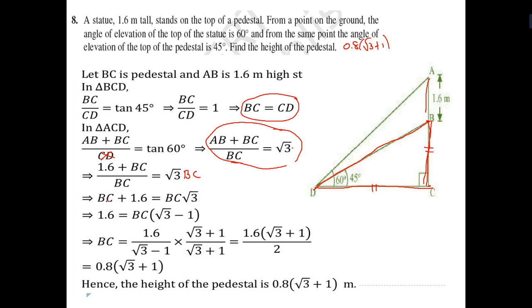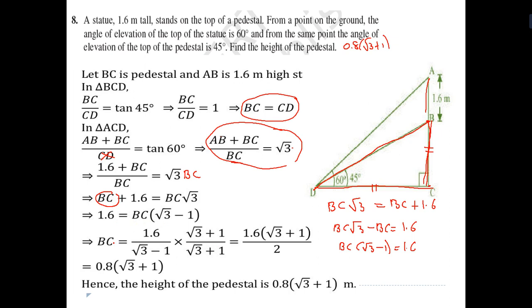Now to find BC, first I have to shift this, so it should be minus. BC root 3 minus BC is equal to 1.6. Now BC is common, so BC times (root 3 minus 1) is equal to 1.6.